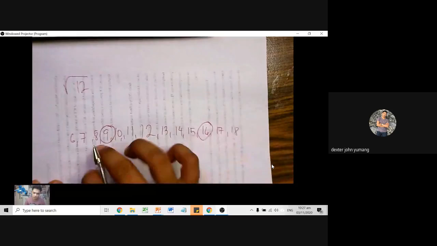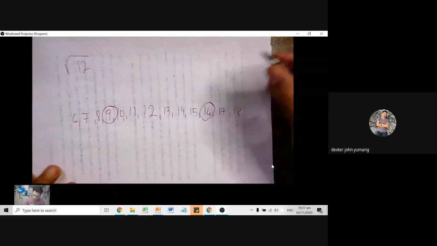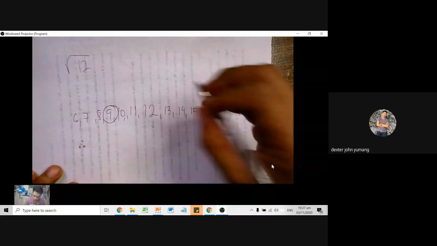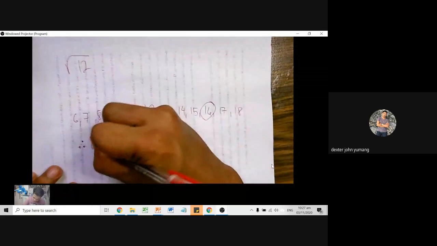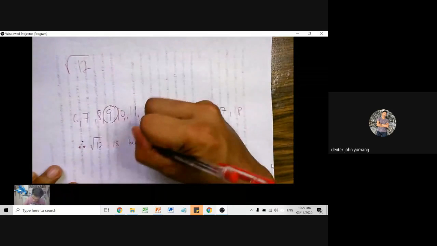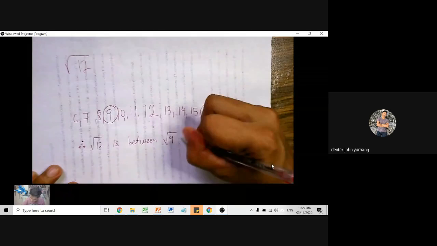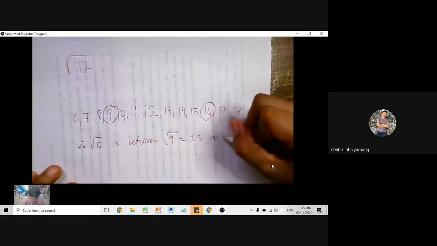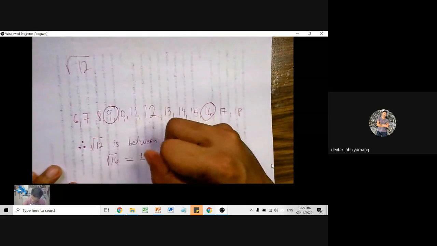So therefore, ang sagot dyan sa 12, saan ba daw nakalagay si square root of 12? Lagyan nyo ng therefore, yung tatlong tuldok na pa-triangle. Therefore, square root of 12 is between square root of 9, which is equal to plus minus 3, and square root of 16, which is equal to plus minus 4.